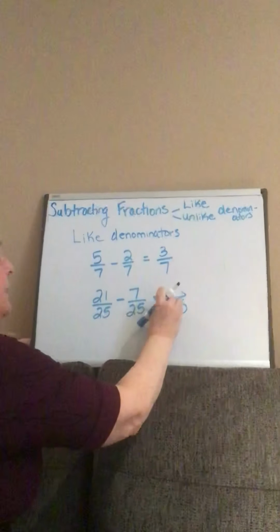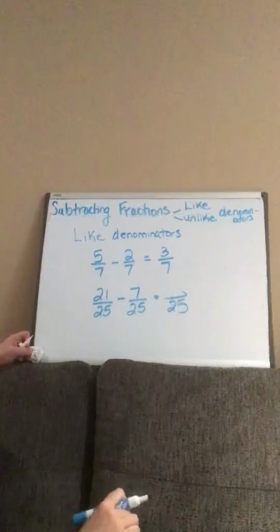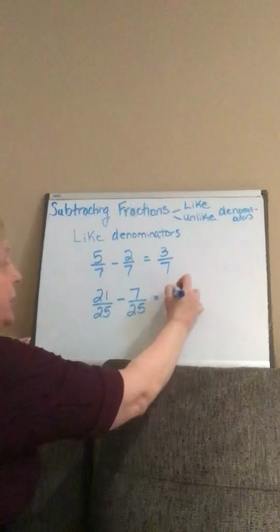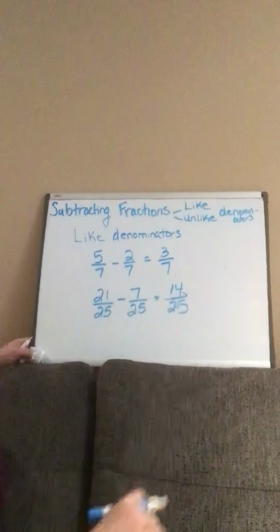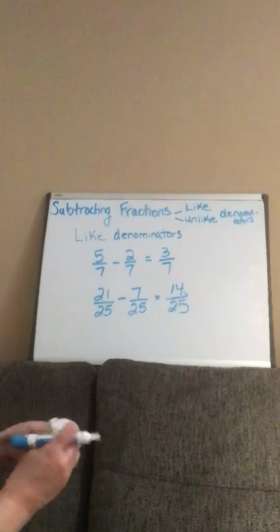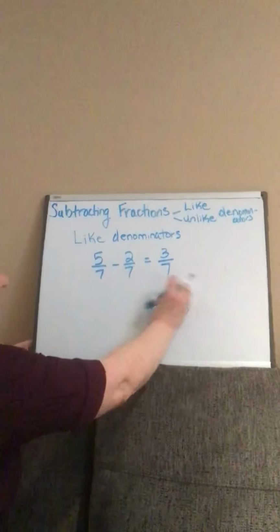Let's fix that up. And I can subtract. 21 subtract 7 is 14. Pretty simple. Now we're going to go to what we did yesterday with unlike denominators.